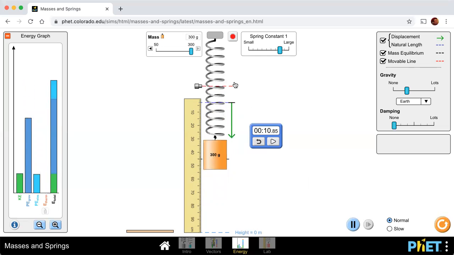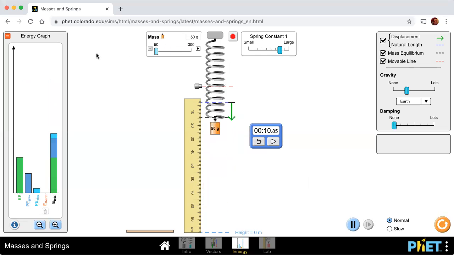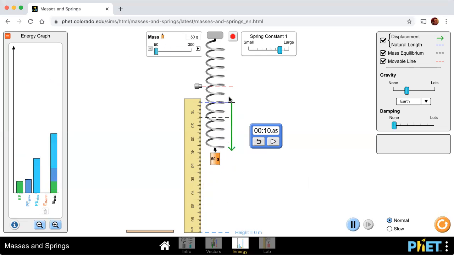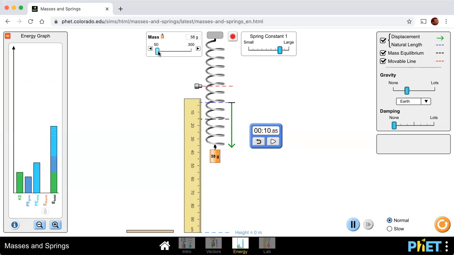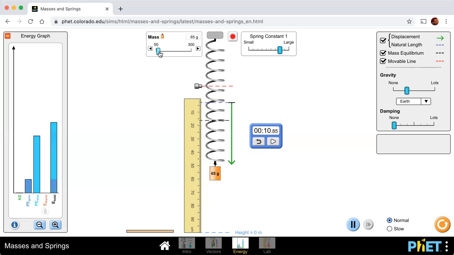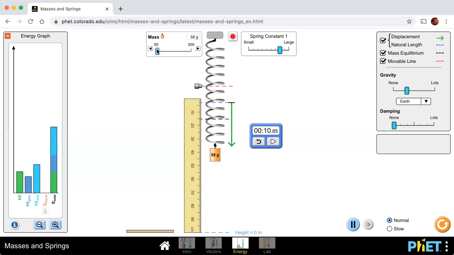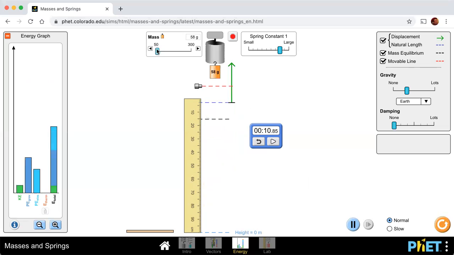Now let's try a lighter mass. That may be too fast to count. What did we have anyway? We had like 53. That's still going to be pretty fast. 56. So let's put this at 56. Let's see.